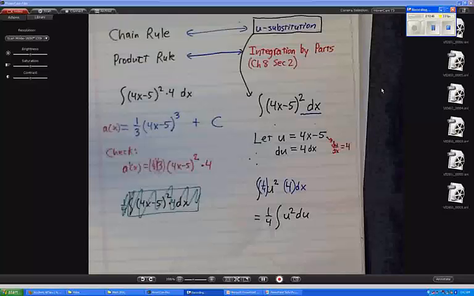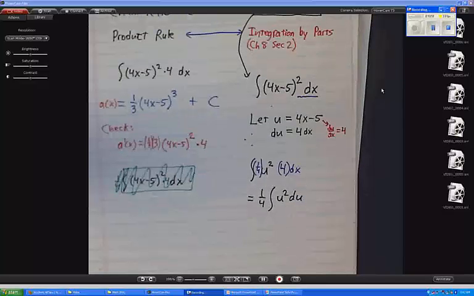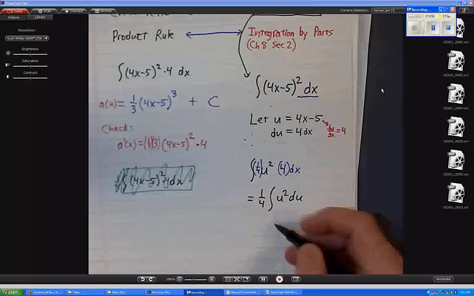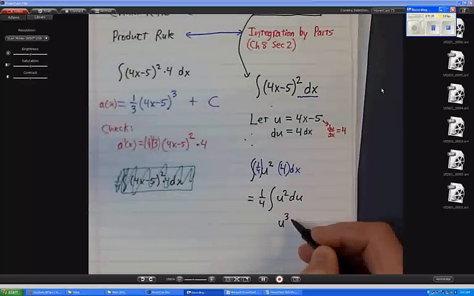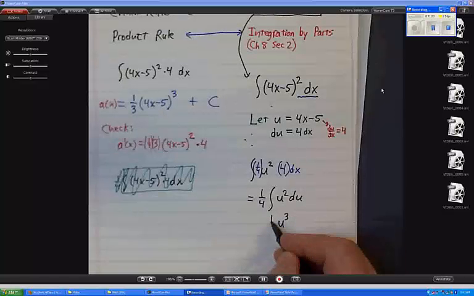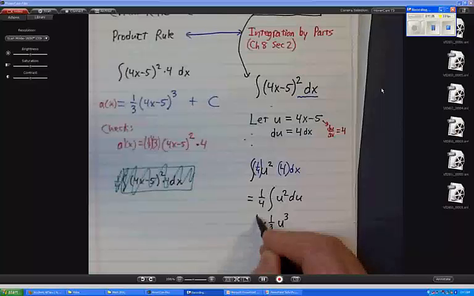Let's finish the problem. What's the antiderivative of u squared du? Well, u squared is going to become what? U cubed, but what do I have to put out front? 1/3. And I also have a 1/4 that was out front. So I'll put a plus c.